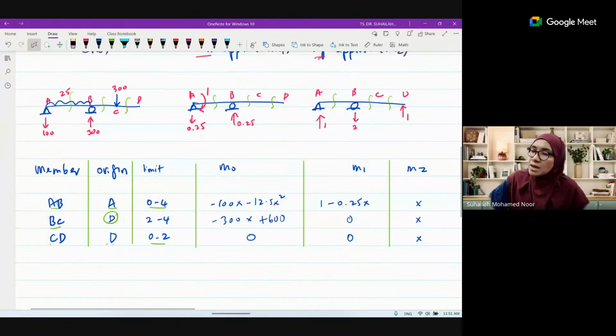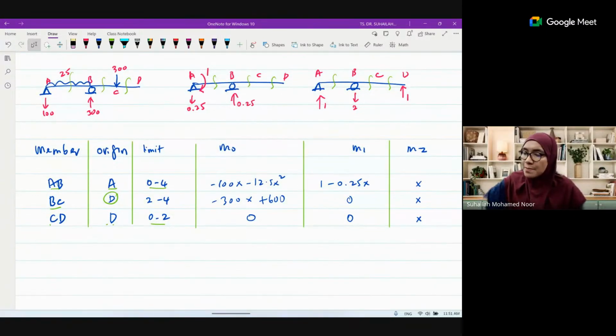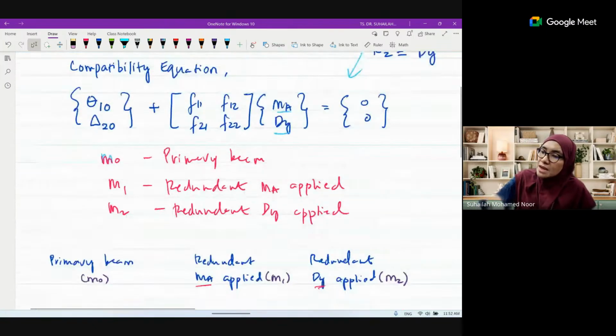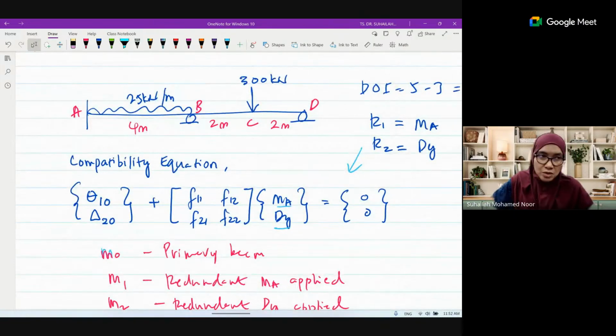Okay, and from the system kita dapat table ni lah. So table summary all the moment equation in the table. Okay, sama juga step untuk calculate moment equation ni, tu semua kat tepi. Okay, so you nak letak tak letak doesn't matter, but saya akan tengok the final table ni lah for the moment equation. Okay, so next after this is displacement. Displacement sebab kita nak fill in this compatibility equation.